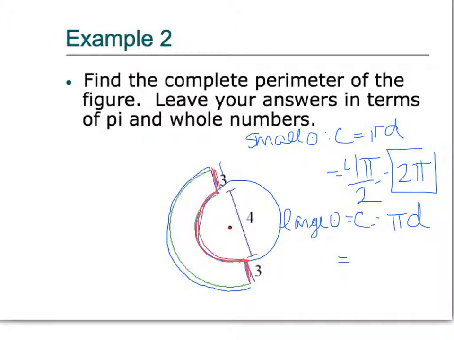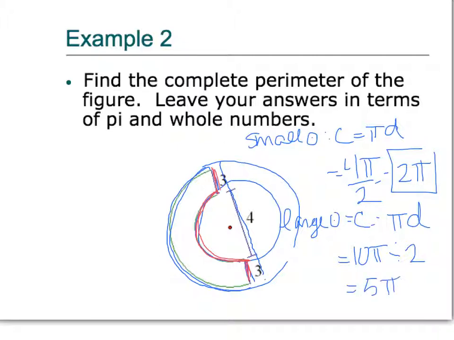It's 3 plus 4, which is 7, plus 3, which is 10. So I'm going to say 10 pi is the circumference of this entire circle. I don't want the entire circle though, so I'm going to divide it by 2, and I'm going to have 5 pi.